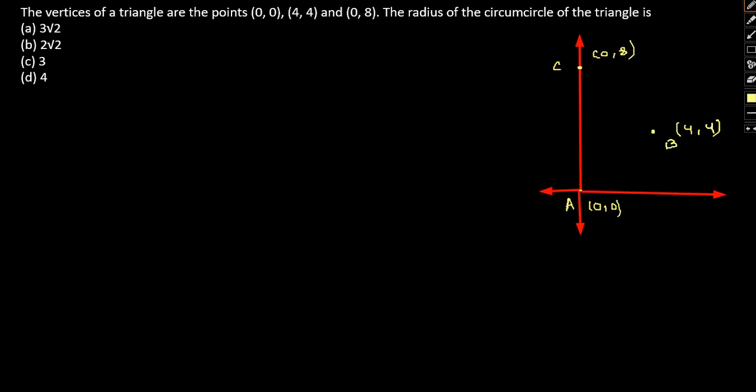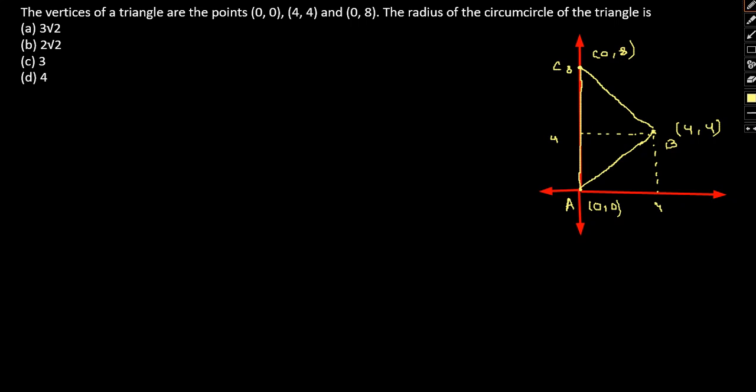Let this be B. So let's join this. Yeah, so we have our triangle. This is (4,4), and this point is 8. So yep, we have our triangle. So this is our figure.